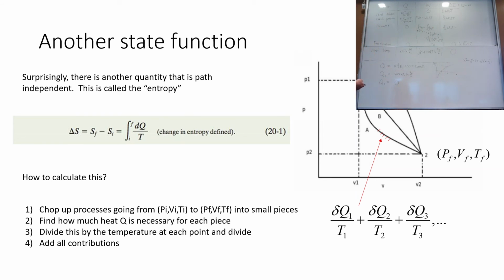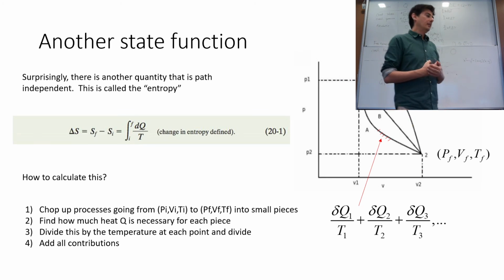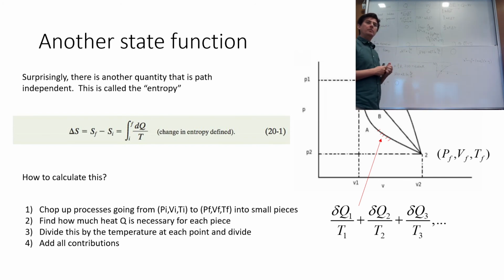So if you're confused by it, then I guess you're in good company, right? Okay, and so basically the point that is being made is that if you calculate that particular thing along various different paths, A, B, or C, then you'll get the same number regardless of which path you took, okay? So that's pretty curious.